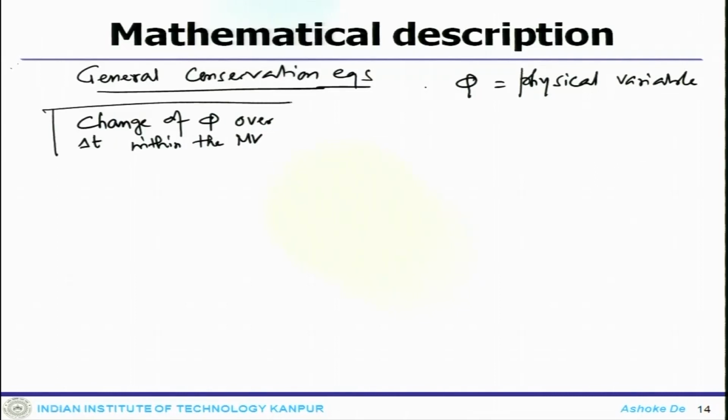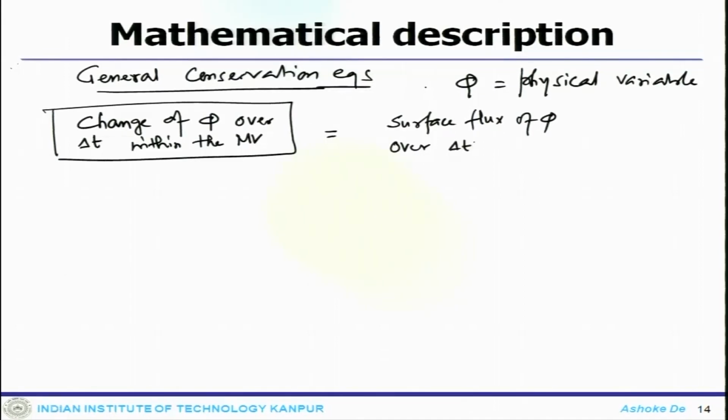Okay. This is the left hand side of the system, equals to surface flux of phi over delta t across control volume.